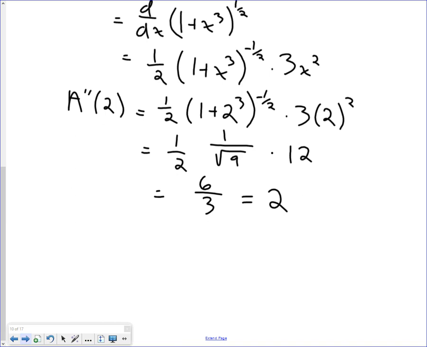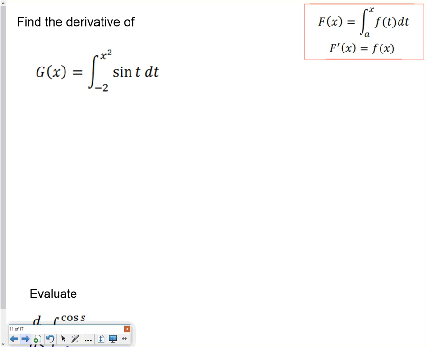In the same way, we've got a similar sort of question here. Find the derivative of g at x equals the integral from -2 to x squared of sine t dt. So we're asked to do the same kind of thing here. Take the derivative of a function which is defined in terms of an integral.